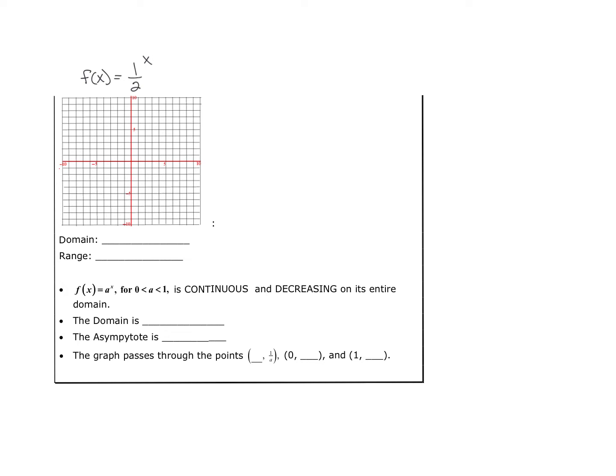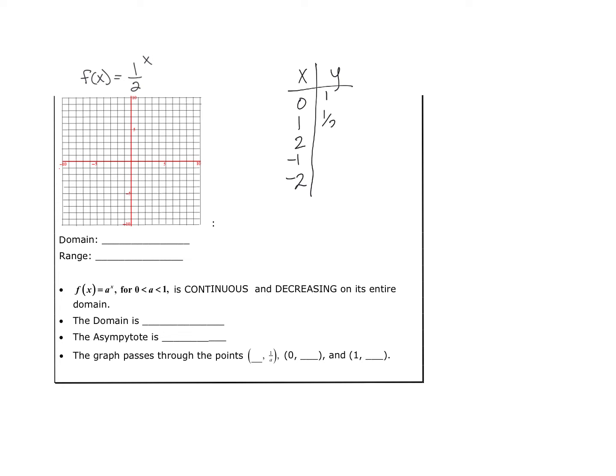So if we have our f of x equals 1/2 to the x, and we make our table of values as we did before, and I'm going to choose the same x values, 0, 1, 2, negative 1, and negative 2. We know 1/2 to the 0 is 1.